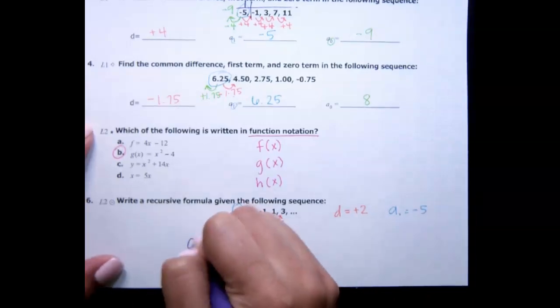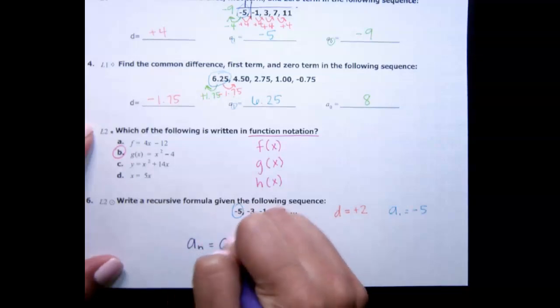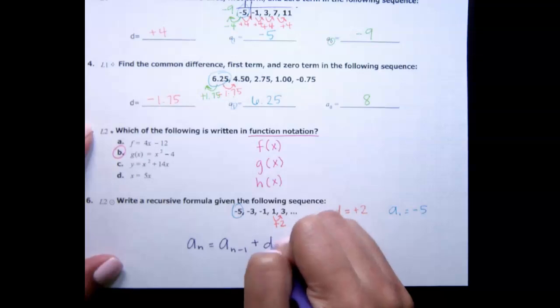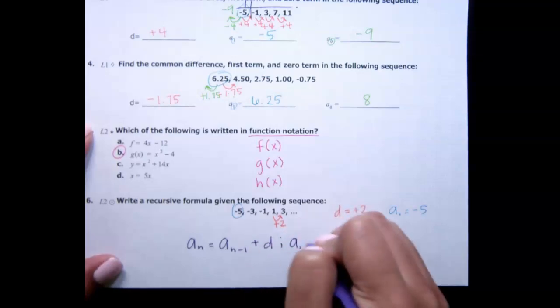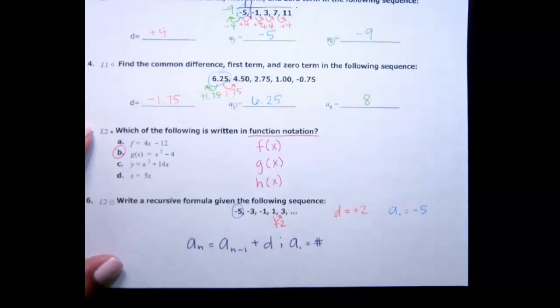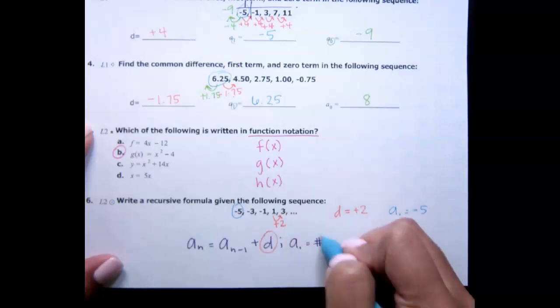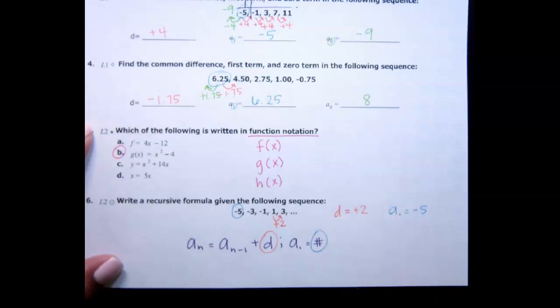I have everything I need to write the recursive formula. The recursive formula is a sub n equals a sub n minus 1 plus d, and then we identify our first term. The only two things that I am going to change are this and this with these two numbers.